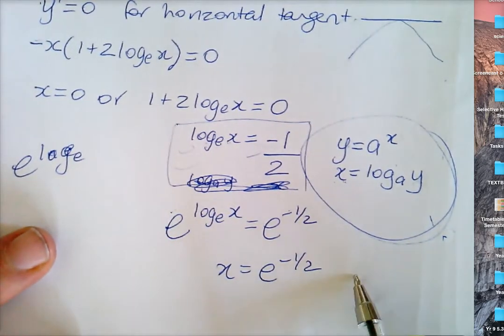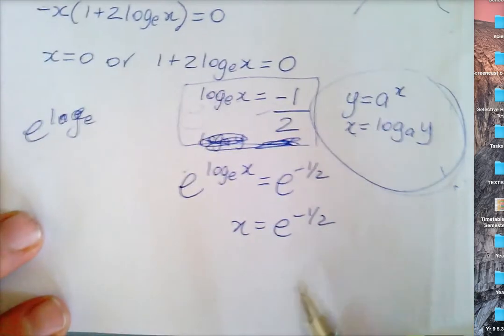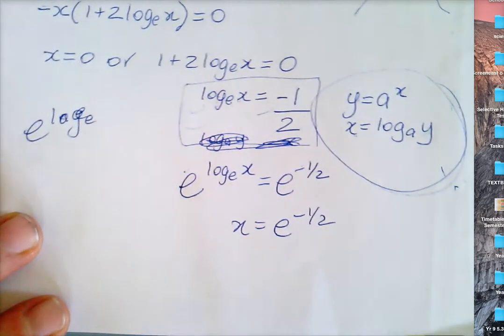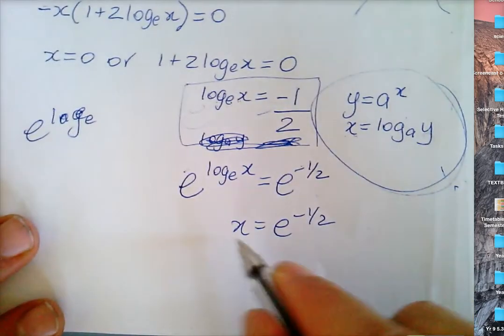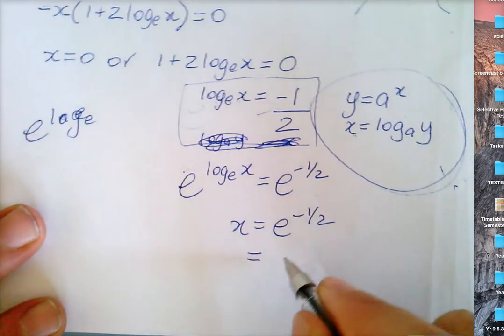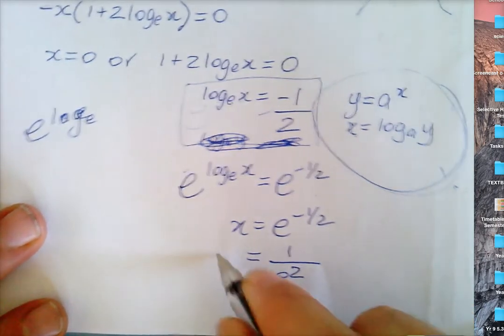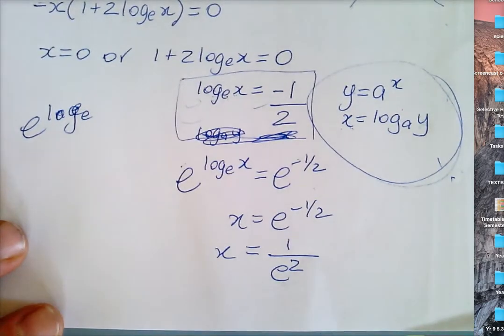X is e to the negative a half. Girls, it's much easier to look at that and say e's and log e's are the opposites of each other. You take e of both sides. And you'll get x is e to the negative a half, which is written as 1 over e squared. And that's how you write it as an exact answer.